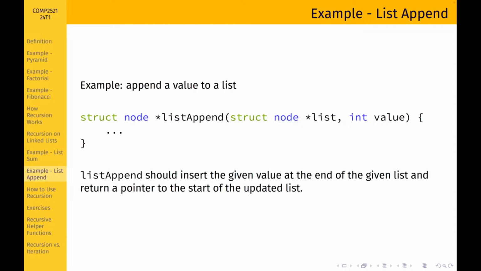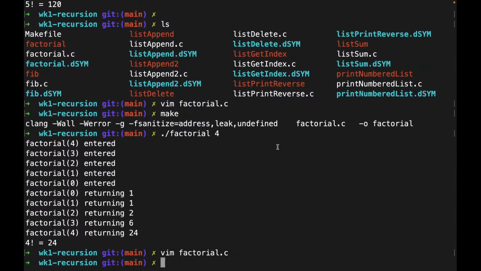All right, so let's try and implement list append. Now let's try and think about this recursively. So our base case, as I suggested, is if the list is empty.